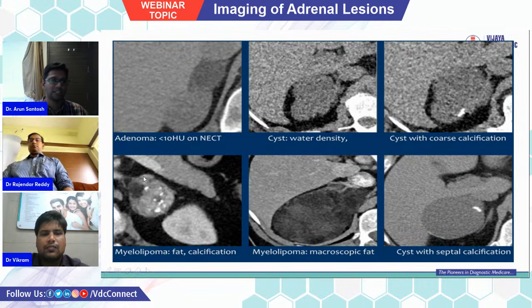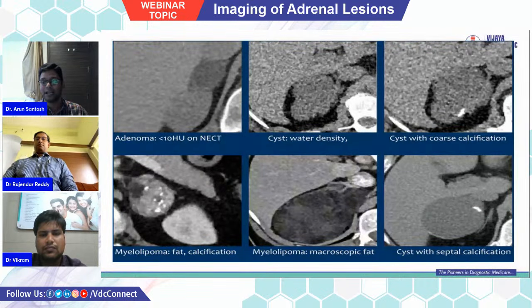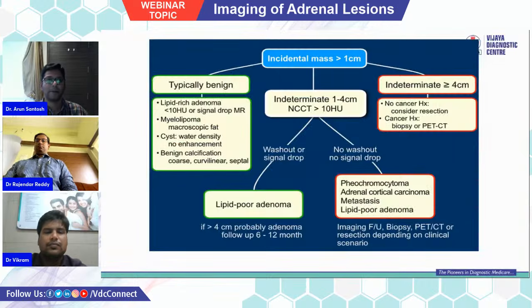If the lesion is homogeneously macroscopic lipid, then it is a myelolipoma. Myelolipoma can sometimes also show small foci of punctate calcifications with a heterogeneously enhancing myeloid component. And sometimes a benign endothelial cyst or a parasitic cyst can also be seen in the adrenal gland with foci of calcification.